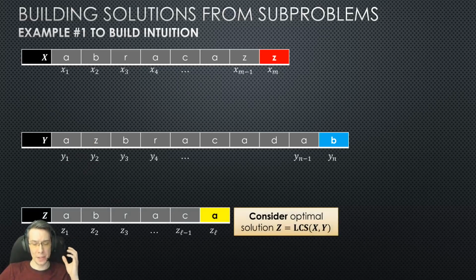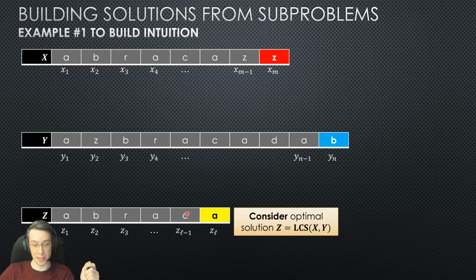Okay, and I want you to consider, because we're always trying to relate an optimal solution to the optimal solution to subproblems, the optimal solution Z, which is the LCS of X and Y. Okay, so just by inspection, we could look really carefully at this, and we could see that the optimal solution, the LCS, is going to be ABRACA.